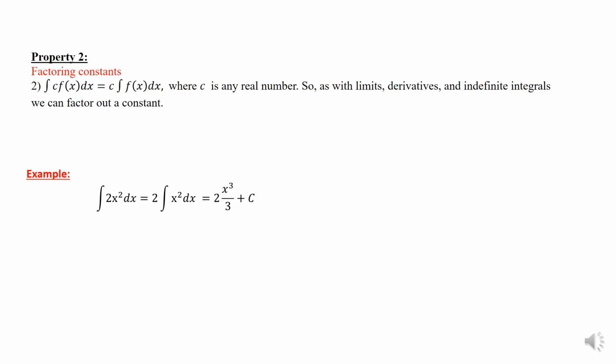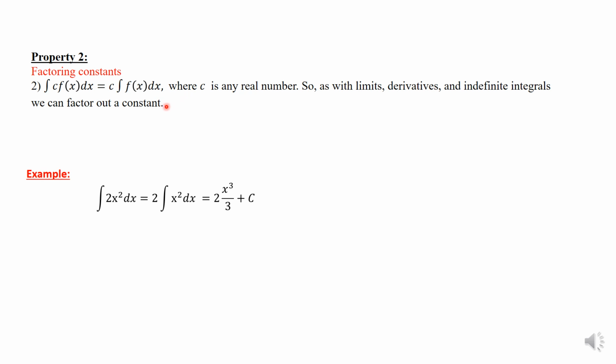Property 2, factoring constants. Integral c f of x dx, where c is a constant, is equal to c times the integral f of x dx, where c is any real number. So as with limits, derivatives and indefinite integrals, we can factor out a constant.